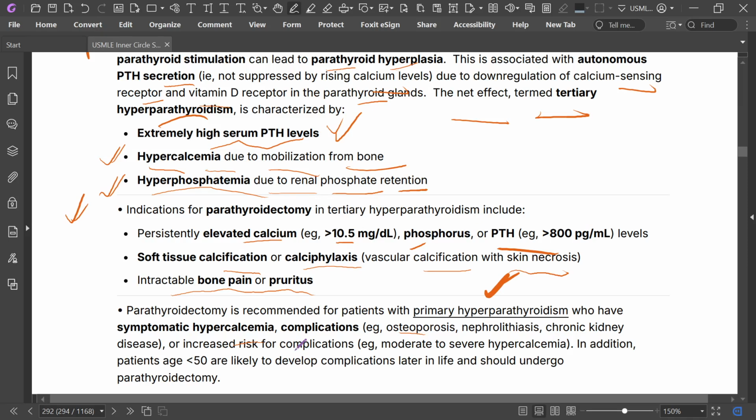In addition, patients aged less than 50 are likely to develop complications later in life and should undergo parathyroidectomy. So the indications of parathyroidectomy are very important in this topic.